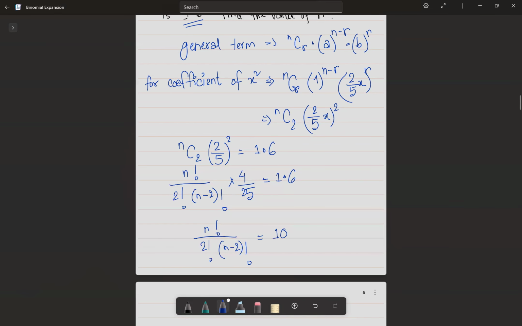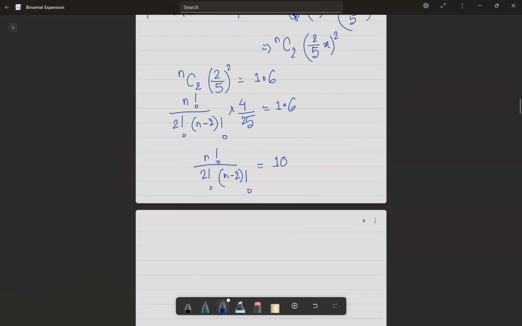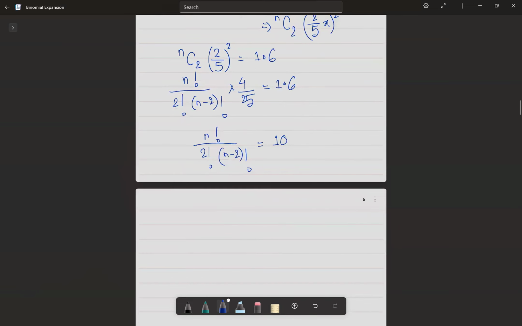Now we need to find out the value of n. So how do we proceed with this? Now we know that n factorial means that we will multiply 1, 2, 3, 4 and all the numbers up to n.